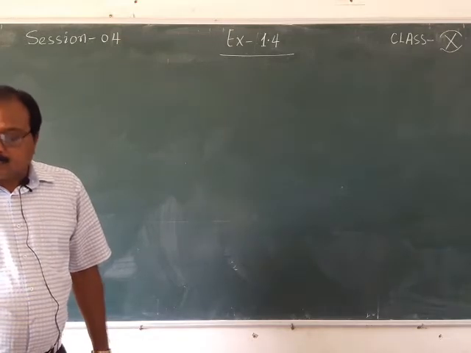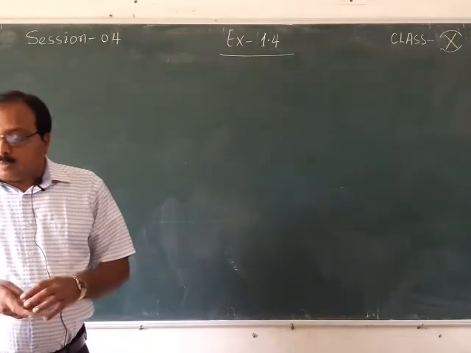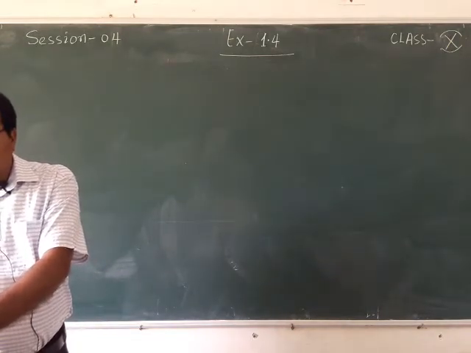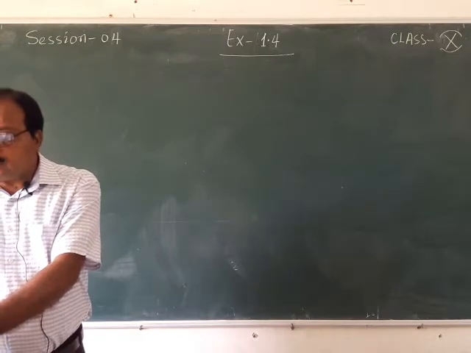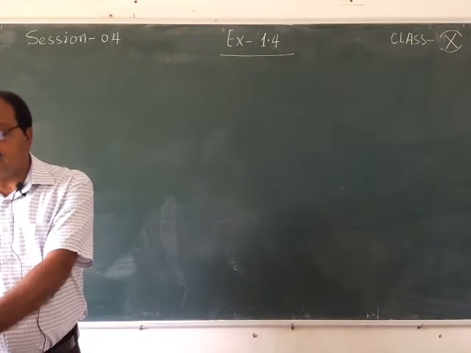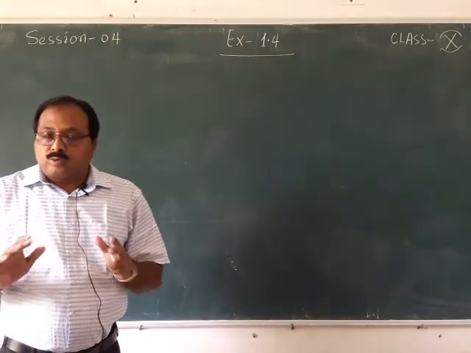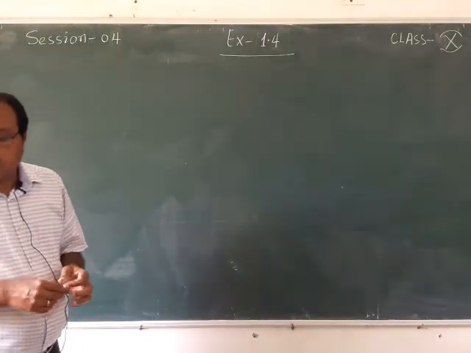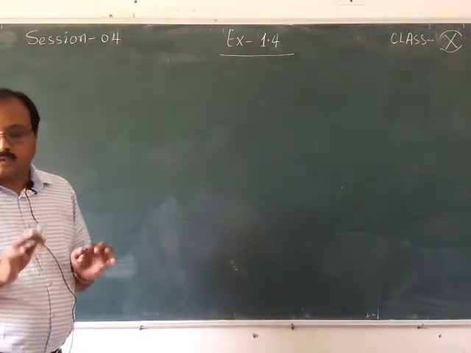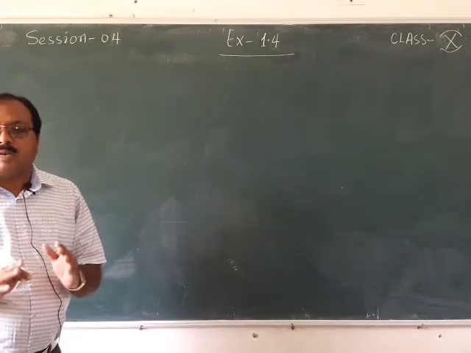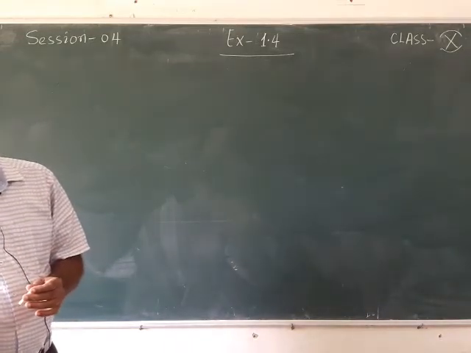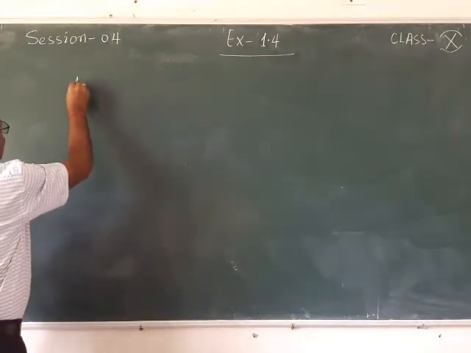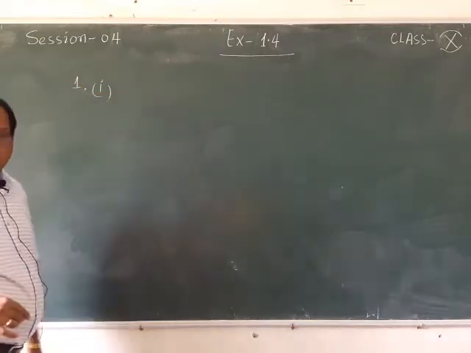It says: without actually performing the long division, state whether the following rational numbers will have a terminating decimal expansion or a non-terminating repeating decimal expansion. You are not allowed to divide. You have to decide whether the given numbers are terminating or non-terminating repeating. So let us see question number 1.